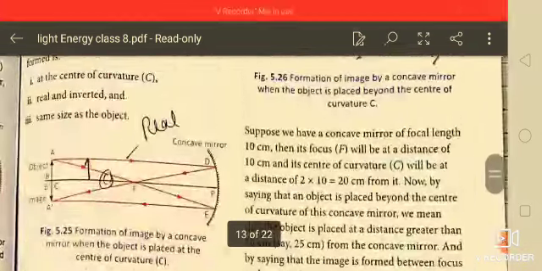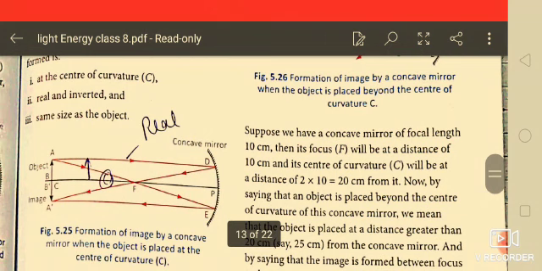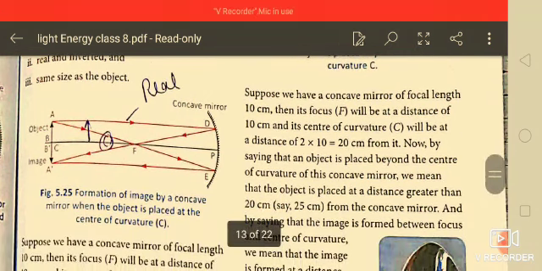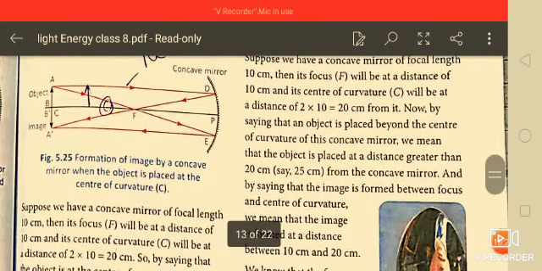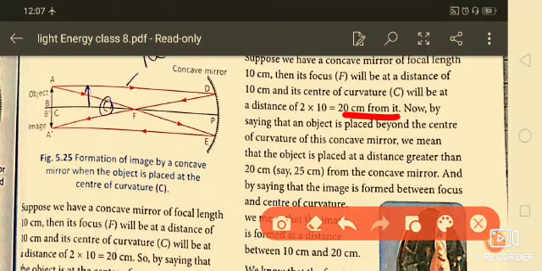Okay students, now suppose we have a concave mirror of focal length 10 centimeter, then its focus will be at a distance of 10 centimeter and its center of curvature will be at a distance of 2 into 10, that means 20 centimeter from it.